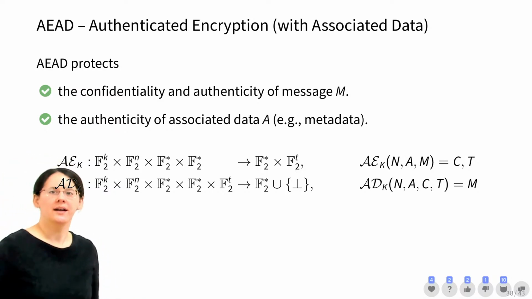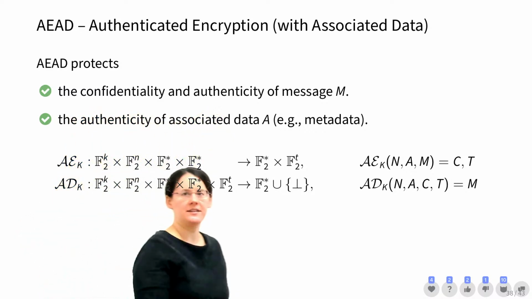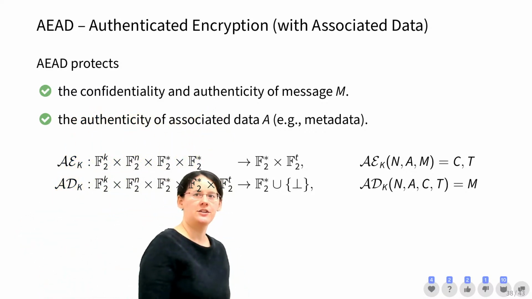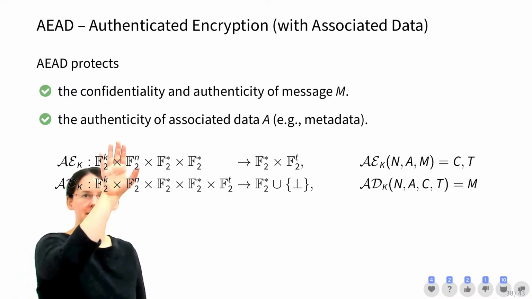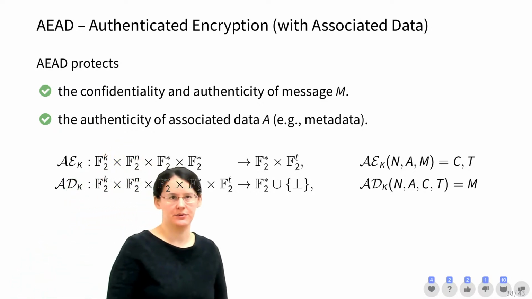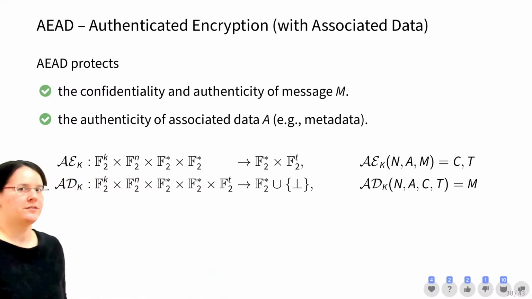So what does it do? It protects the confidentiality plus the authenticity of a message. And additionally, it also supports this associated data, and specifically it protects the authenticity of this associated data. So what does that mean in terms of the interface?